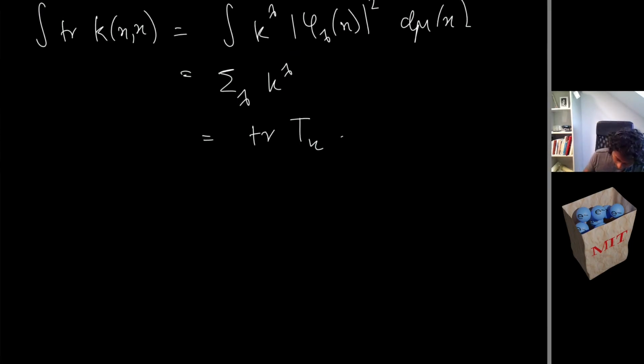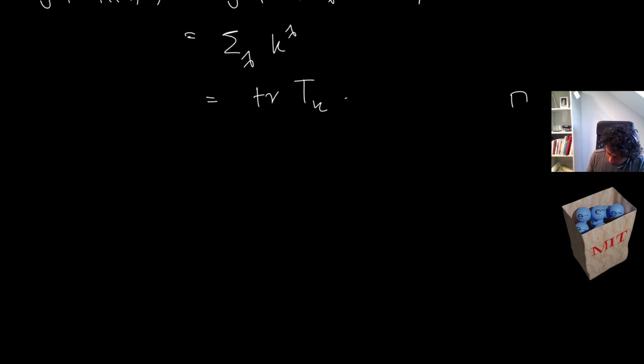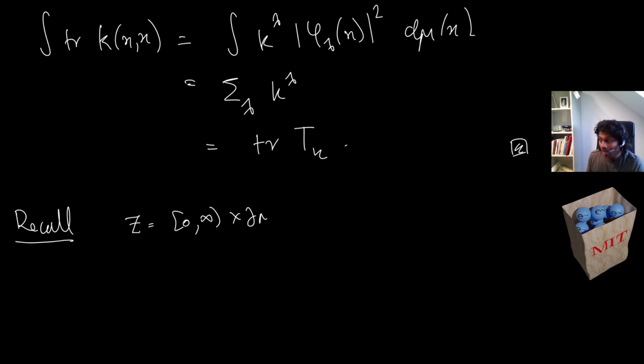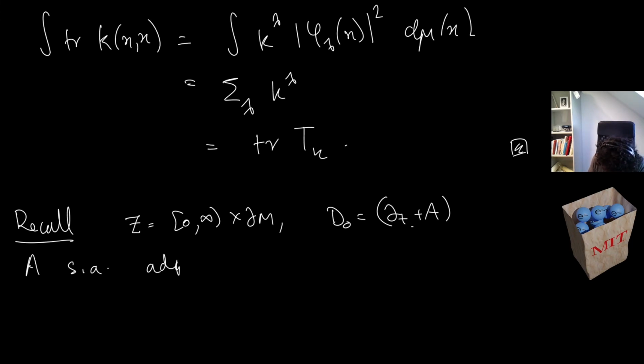Okay, so let's get back to the problem at hand now that we have all of these tools. So the first thing is that let's recall the setup. So we're on the cylinder, so we're on the infinite cylinder, and we have d naught equals d t plus A, and A is a self-adjoint adapted boundary operator, right?